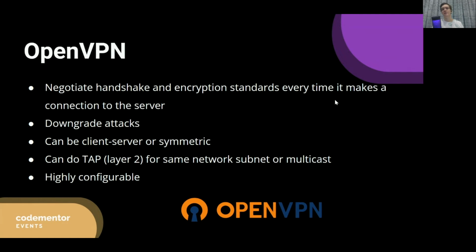OpenVPN might take several seconds or so. So for everyday use, I'd rather use WireGuard. Just click, you're connected. OpenVPN negotiates this handshake and encryption because it supports lots of different encryption methods.